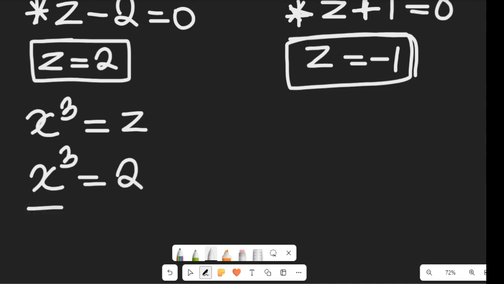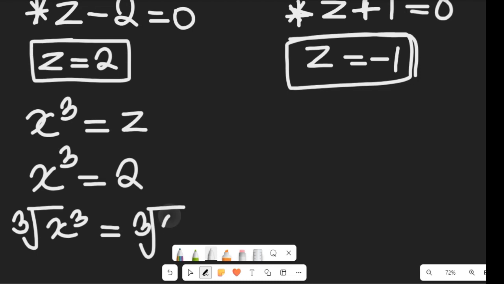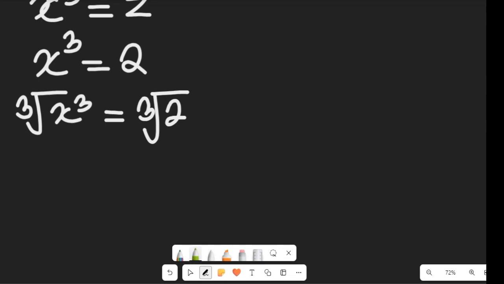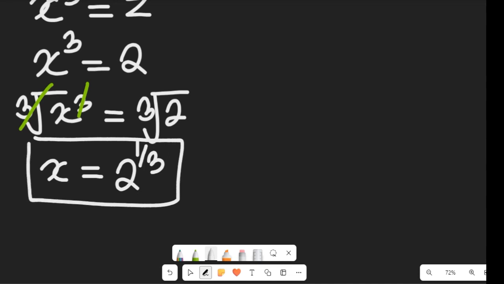So if we take the cube root of both sides, we have the cube root of x to the power of 3 equal to the cube root of 2. So what will that expression give us? Clearing the cube root, we'll have x equal to 2 to the power of 1 divided by 3. And that is a solution to the expression that is given to us.